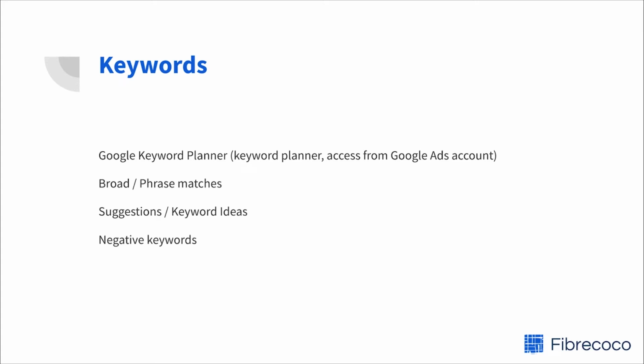It means a more generic match with my keyword or a phrase match that is more specific. Also, you will see that the keyword generator will suggest some keyword ideas if we provide a website or some keywords.